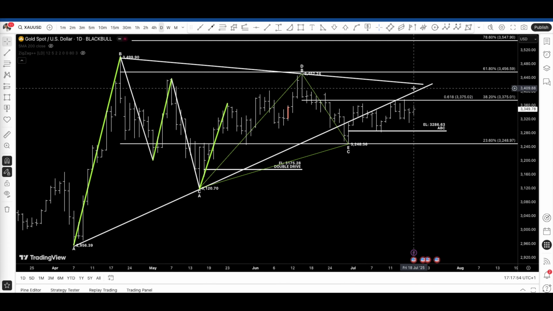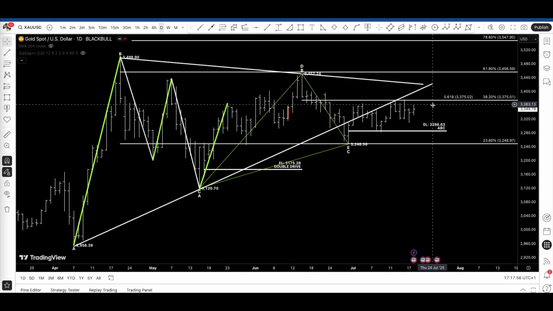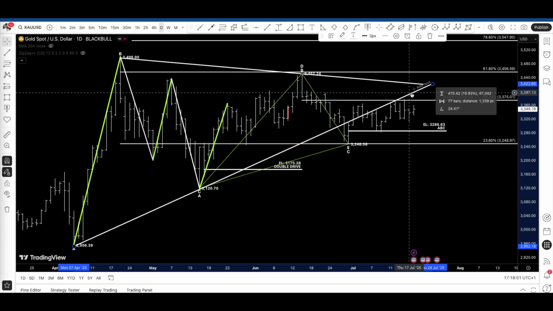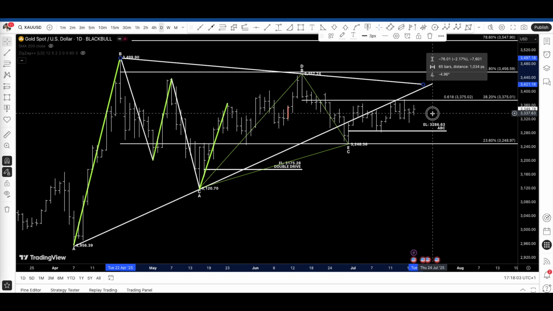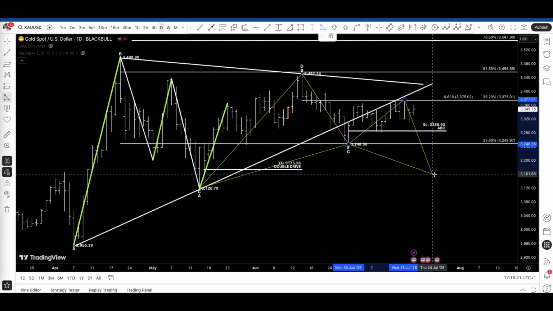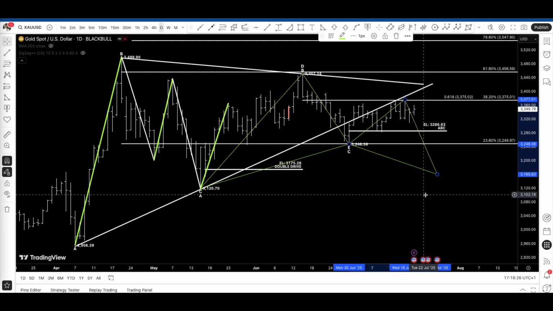Eventually it needs to get inside the floor of the symmetrical triangle and above the ceiling of the symmetrical triangle. Otherwise, just looking at the chart right now at this level, with a 61% retracement of the AB, so C is a 61% of AB, what could happen as well is that we have the ideal ratios for the price to go lower as well.